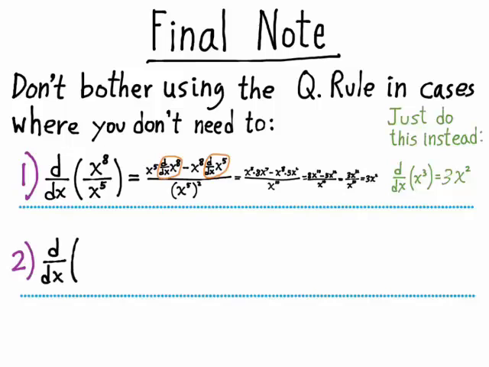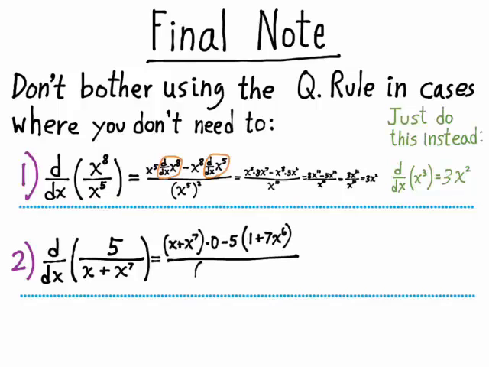The next case would be things like 5 over x plus x to the 7th. If you're using the quotient rule where the numerator is a constant, then the first term is going to have this factor of 0 in it. The derivative of the numerator is going to be 0, and you're really just left with the second term. Instead of doing that, you can think of it as the reciprocal rule multiplied by 5.